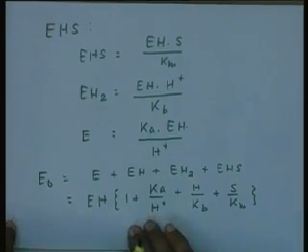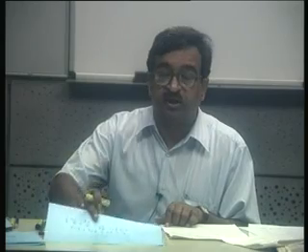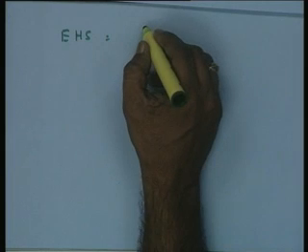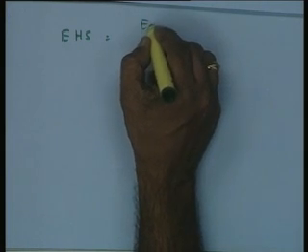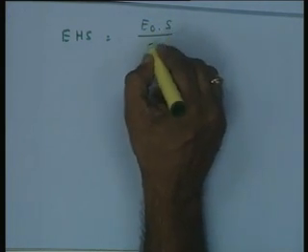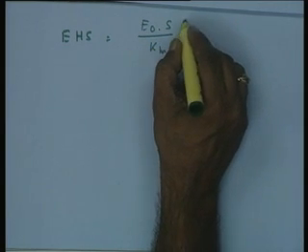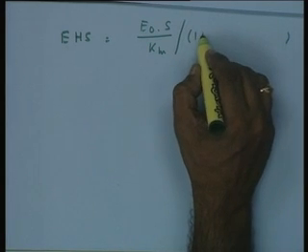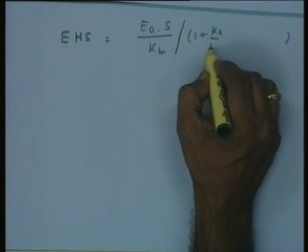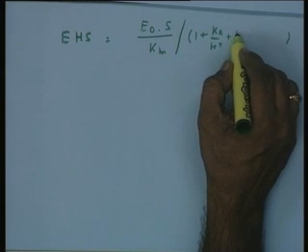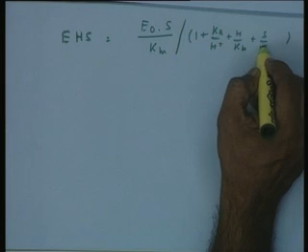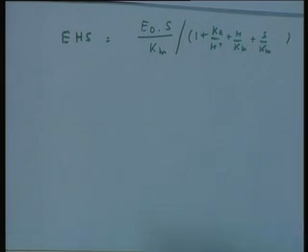Therefore, from this we can put the expression in terms of EHS. Your EHS will be your E naught into S upon Km, whole divided by the whole term in the parentheses, that is 1 plus Ka upon H plus H upon Kb plus S upon Km, this whole term.